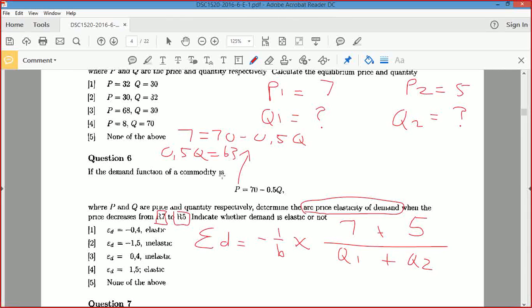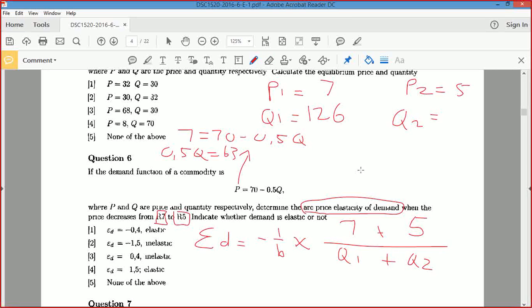Then on my calculator, 63 divided by 0.5 gives me 126. Making sense? Yes. So I'm just substituting in to find the correct q's. That's the first one.